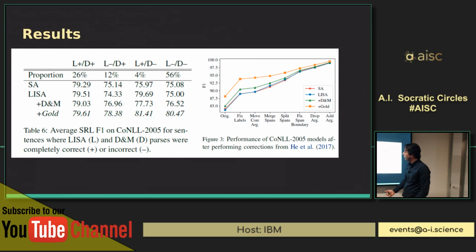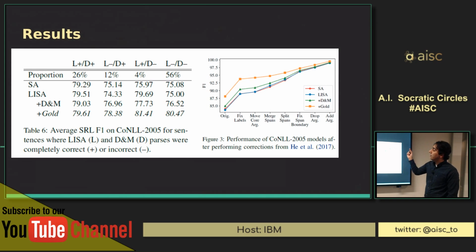Hold on, is that a correct interpretation? Right. For sentences where LISA and DNM parses were completely correct. Oh, okay. So yes, those are the scores where the parses of both methods are completely correct, and these are the average semantic role labeling scores. This is to see how much syntactic information matters.